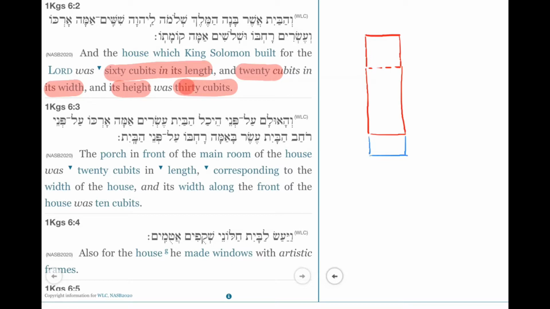And then we also discussed that there is a side chamber that is built on the side all the way around. And this would be the layout of the temple. Now, with the layout of the temple, we recall that the height is 30 cubits from here.